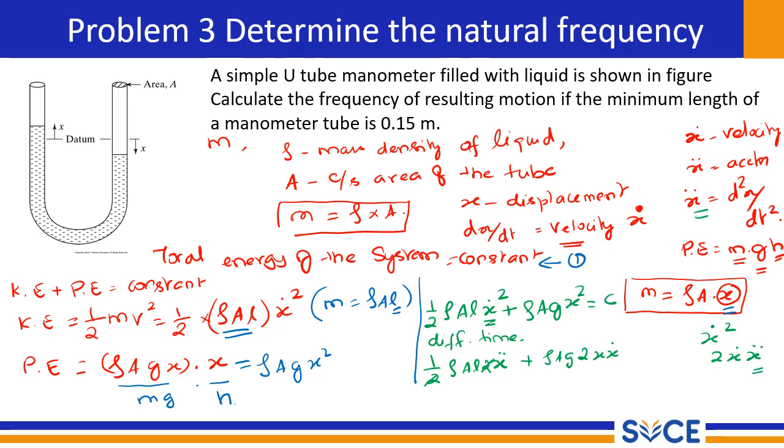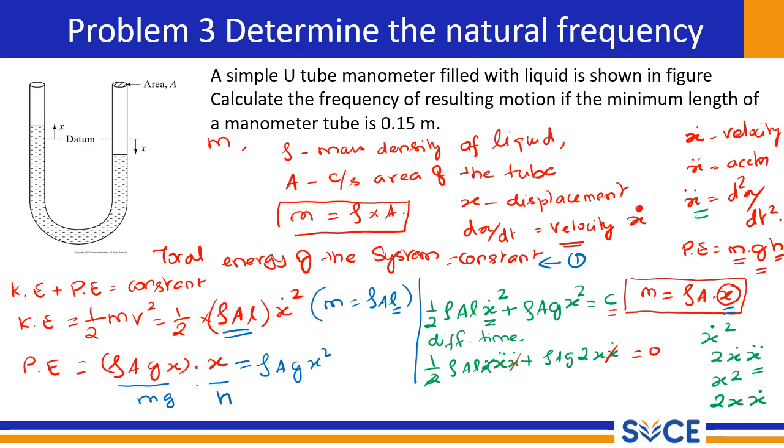Similarly, in this case, x square differentiated means 2x, then x differentiated with respect to time gives x dot. So now commonly we will have x dot, which will get cancelled. Since the constant is differentiated, we will get 0.